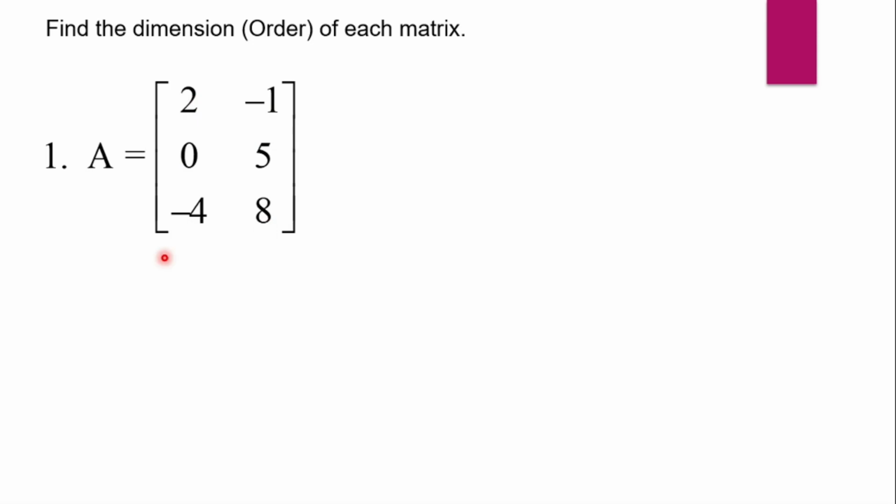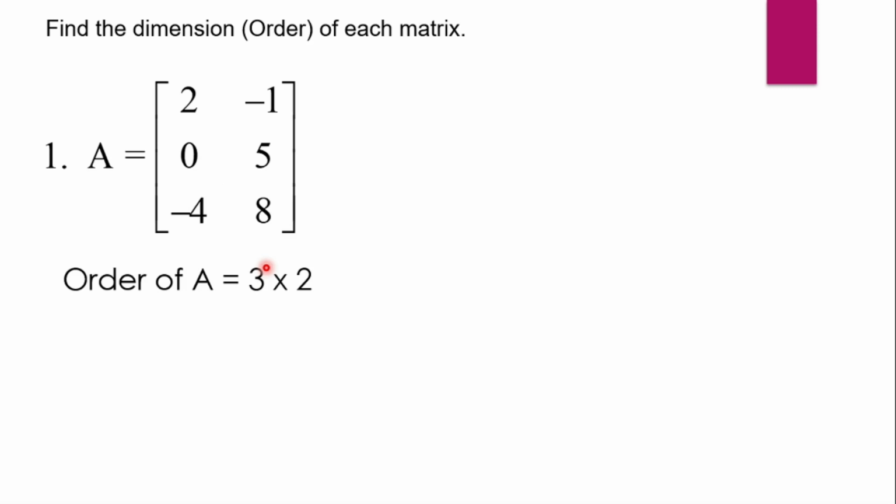Make sure students, whenever we are trying to identify rows and columns, a row always deals with horizontal strips, whereas columns deal with vertical strips. So here how many horizontal strips are there? 1, 2, 3. And how many column strips, or vertical strips, are there? 1 and 2. So therefore the order of this matrix is 3 cross 2, or you can say 3 by 2.